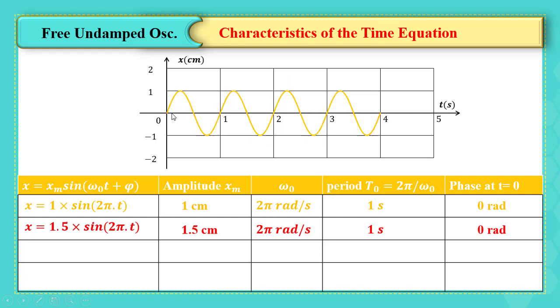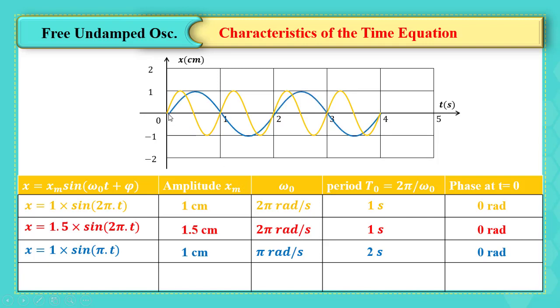What if x equals 1 sine pi t? The amplitude here is 1 centimeter as the original one. Omega 0 is pi. The period is 2 seconds. The phase is still 0. So what is the difference between them?